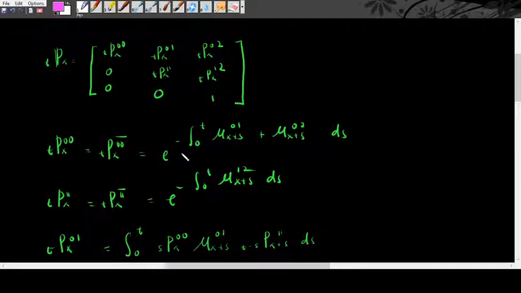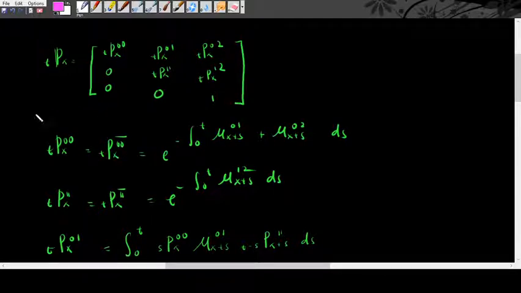For the permanent disability model, we know that tPx00 shall equal tPx00 bar, because once the person leaves state 0 to any state, state 1 or state 2, it cannot come back to 0. From state 0 to state 1 it can only remain in state 1, or from state 0 to state 2, and then it's that.